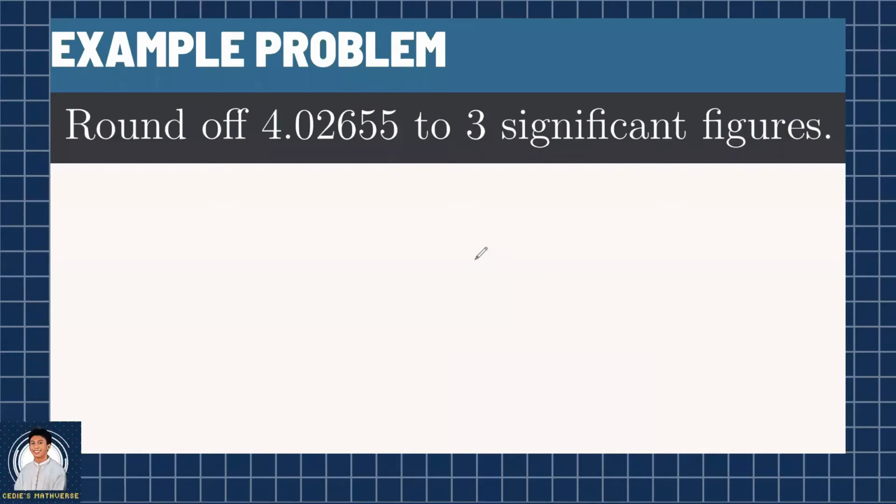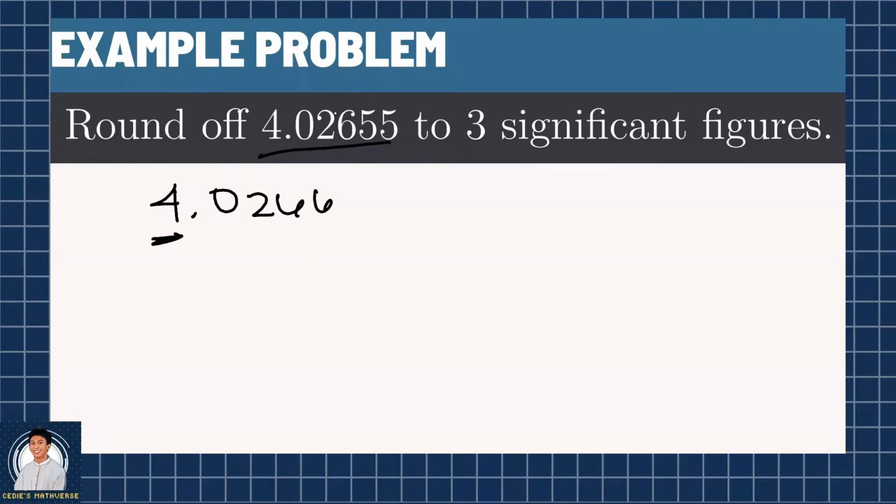Now, we proceed with rounding of numbers depending on the number of significant figures given. For instance, we need to round this to 3 significant figures. Okay? This is a significant figure. And this 0 is also significant because it is between two non-zero numbers. This is 4.